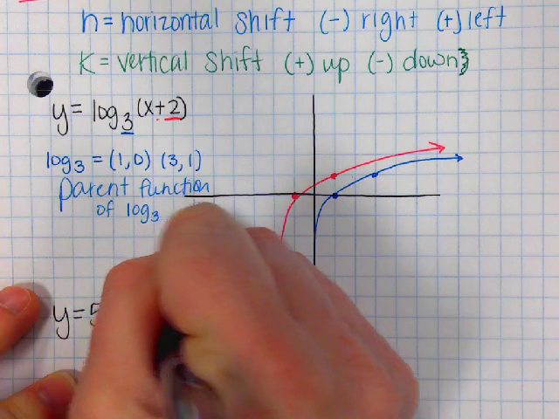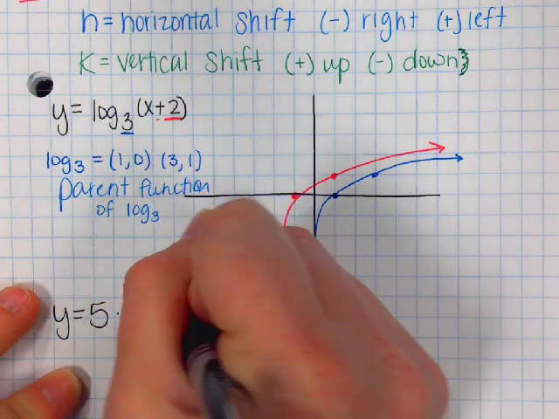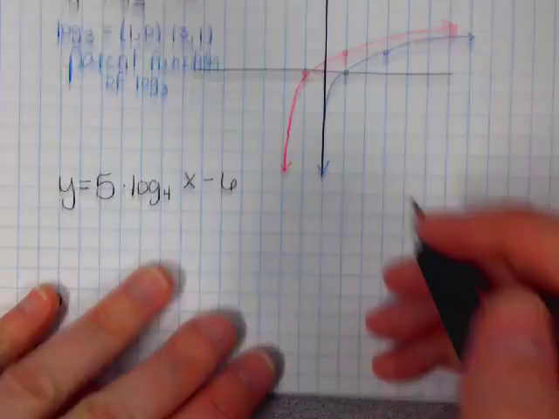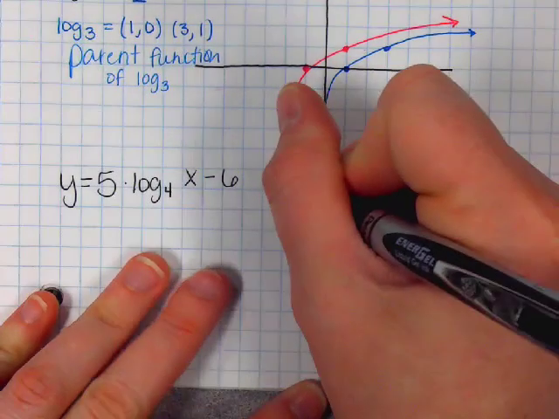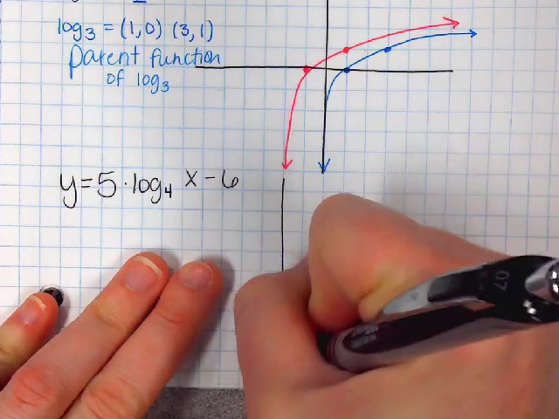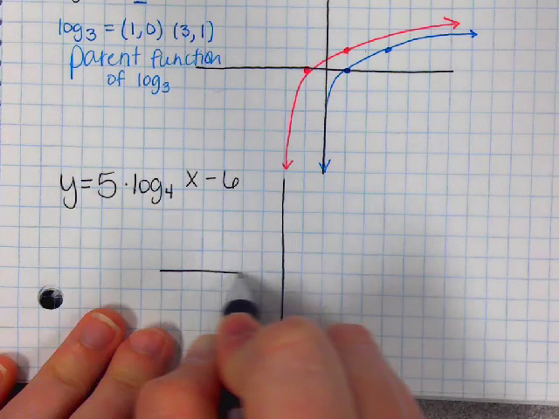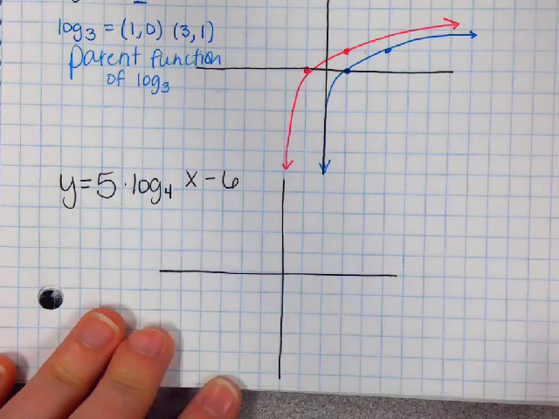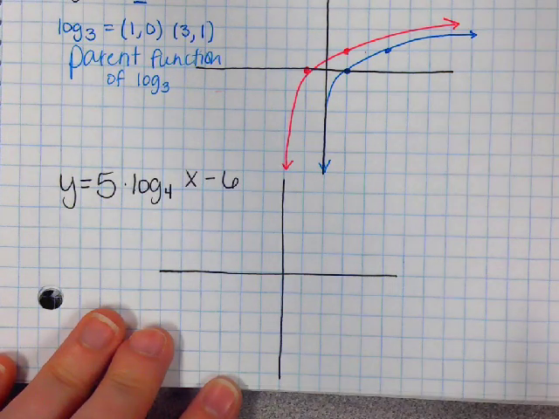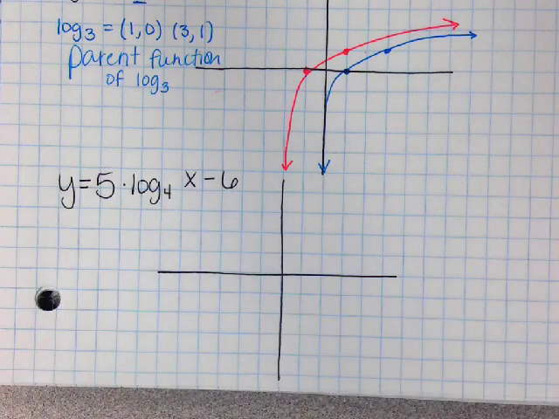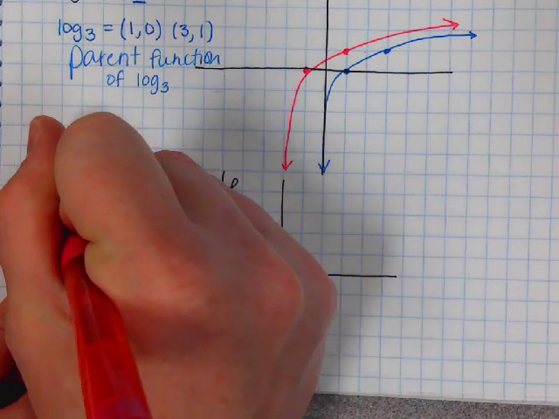y equals 5 times the log base 4 of x minus 6. Okay, I'm going to go ahead and graph the parent function. I might not have given myself enough room, but we'll see.